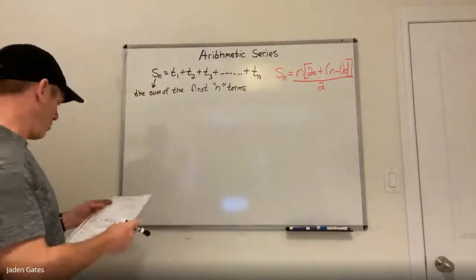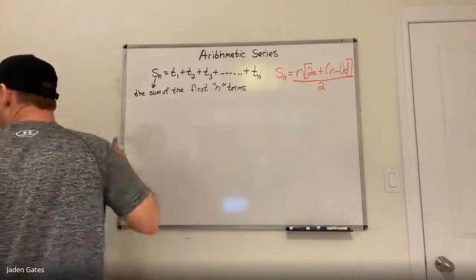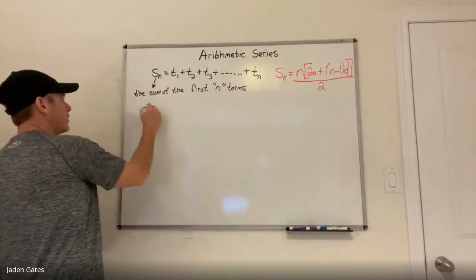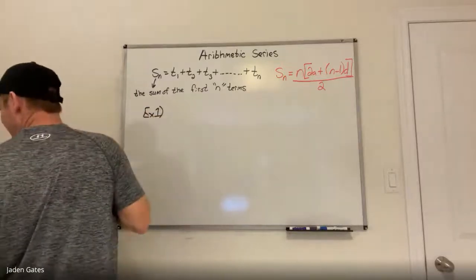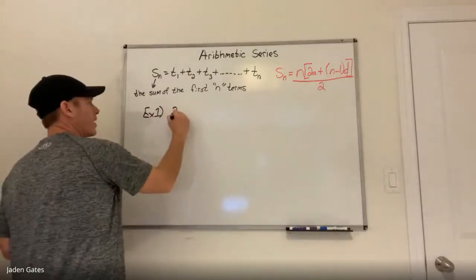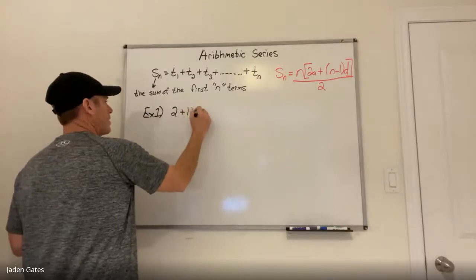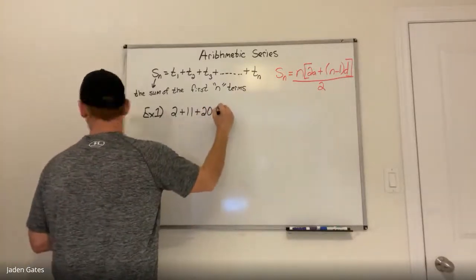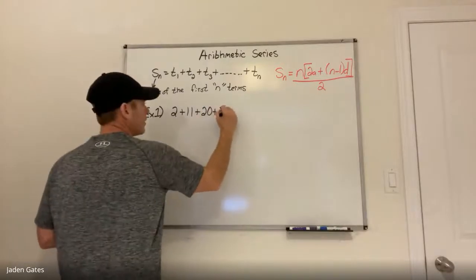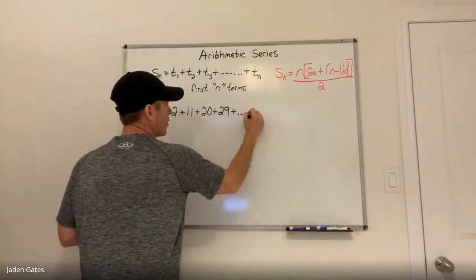All right, so when I look at example number 1, here is our series. So again, we have 2 plus 11 plus 20 plus 29. This keeps going on and on and on.